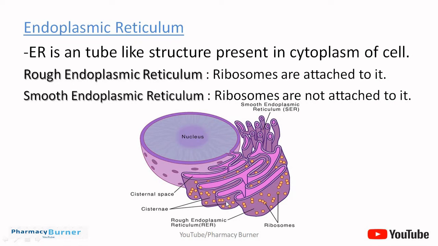That's why it is called rough endoplasmic reticulum, while on smooth endoplasmic reticulum ribosomes are absent. We can see the picture here. The yellow parts are the ribosomes which are attached to the endoplasmic reticulum. This is called rough endoplasmic reticulum, while the upper part here is smooth endoplasmic reticulum. Here the ribosomes are absent.